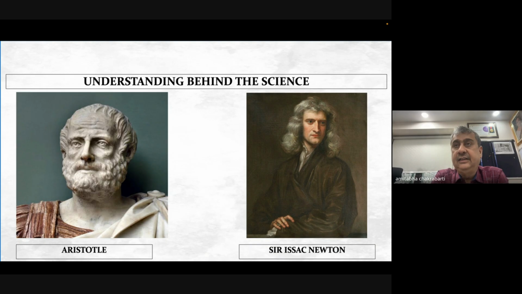And it was Isaac Newton who actually found out the laws of nature. The revolutionary part of this is that in between God and nature, he brought the human being, understanding the laws of nature. So this is a wonderful journey of our human scientific development.